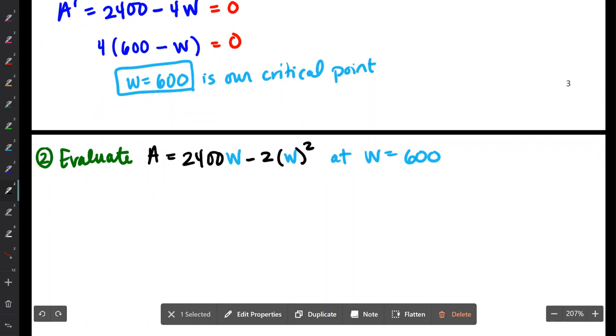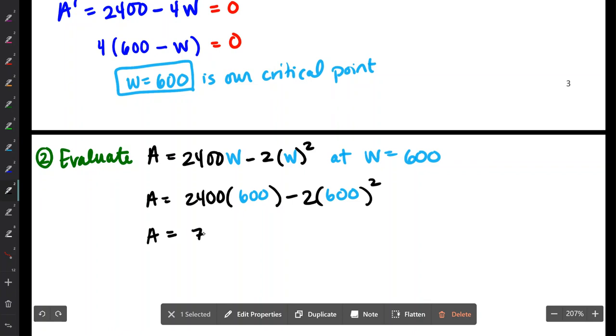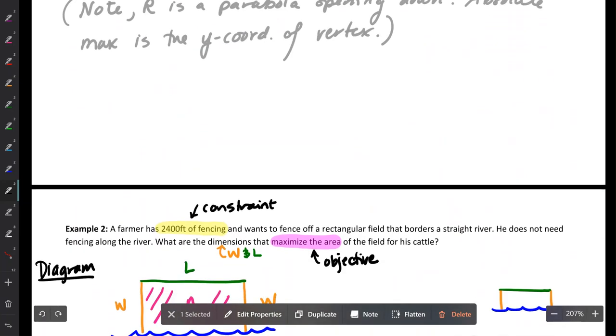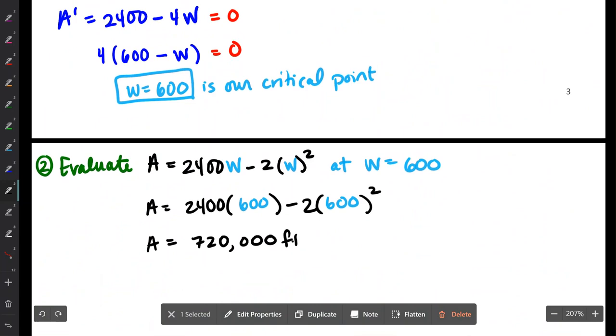Okay, so we're just going to plug in 600. And I've already crunched this here. I got a graphing calculator. Right, so here we have it. Our area is equal to 720,000, and it's an area, so it's units squared. And what is this? Feet? So feet squared. That is a potential absolute extrema.